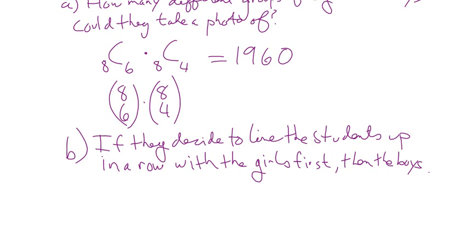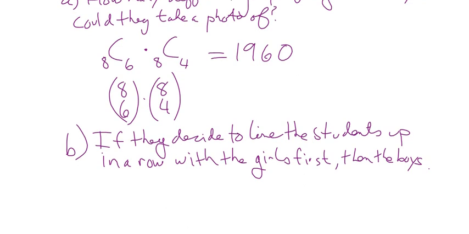So now, does order matter? Yeah. Okay, so what are we going to do? With girls first, that's going to be 8P6. And then the boys, 8P4. And this will be probably a few more than 1,960.